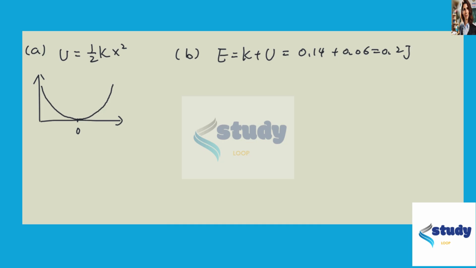So when the object reaches amplitude, all the energy is potential energy. So half k a squared equals E, right? So from this equation, we know that amplitude can be calculated by 2E over the spring constant, take the square root. Plug in the numbers, we can get that it is equal to 0.2.